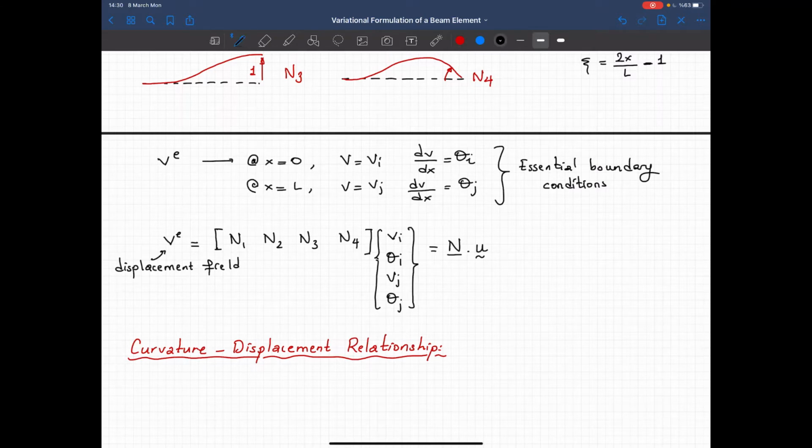So we said that psi is equal to 2x over L minus 1.